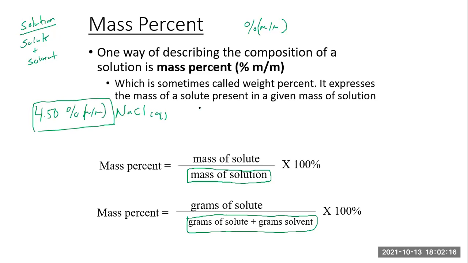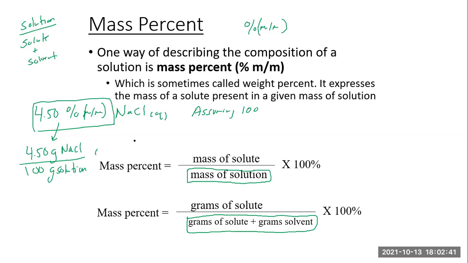And we assume 100 because that keeps the numbers the same. Like if you got 4.5% on your exam, hopefully not, that means you got like 4.5 points out of 100. So we can turn this into a usable conversion factor by going 4.50 grams of sodium chloride in 100 grams of solution.